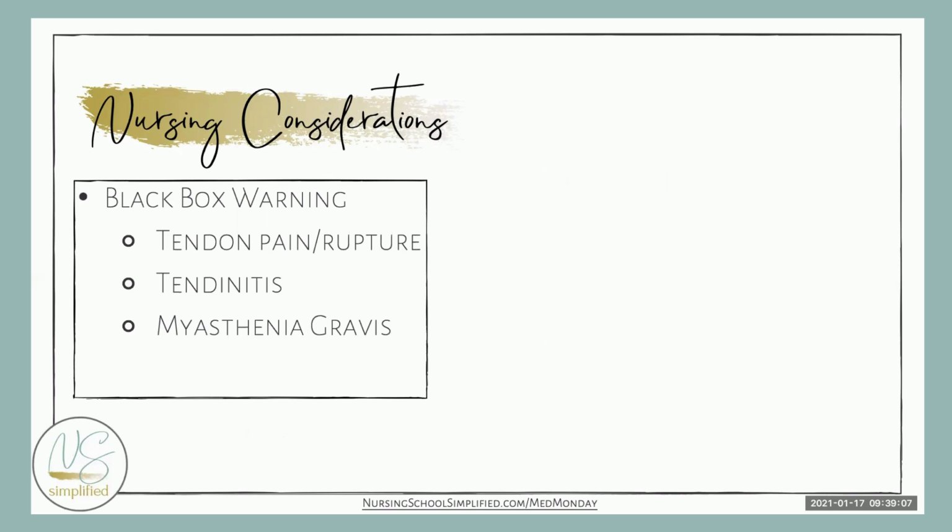Myasthenia gravis is a weakness and rapid fatigue of muscles, and it's caused by a breakdown of communication between the nerves and the muscles. The worst case scenario is that this affects your diaphragm, which will affect your breathing, but it can affect any muscle in your body. So we need to be aware of that and watch out for our patients.